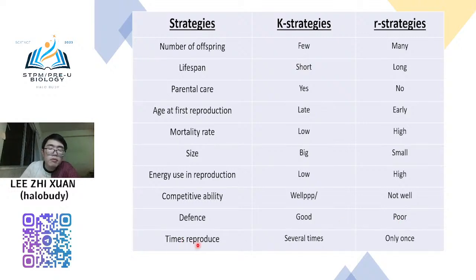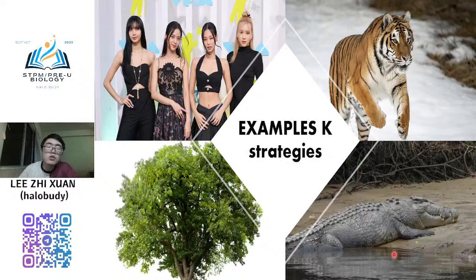And then the times for reproduction, normally for this category includes several times. For this R strategy only one time. Okay, so this is an example of K strategy. You can see there are human, tiger, crocodile, and also woody plant. All of them are K strategy.